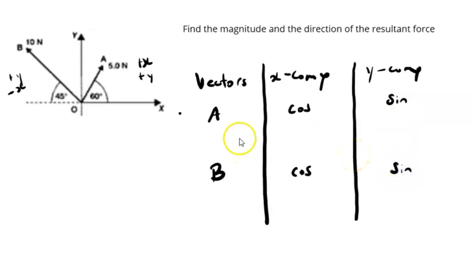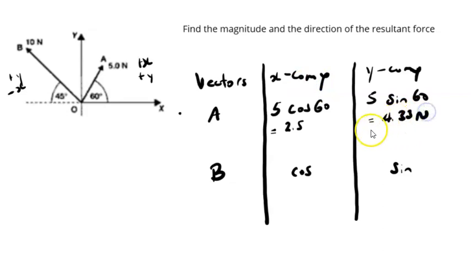Alright, so we're looking at A. The vector size is 5, and the angle is 60. Plug that in your calculator, and you'll end up with 2.5 newtons for x, and 4.33 newtons for y.